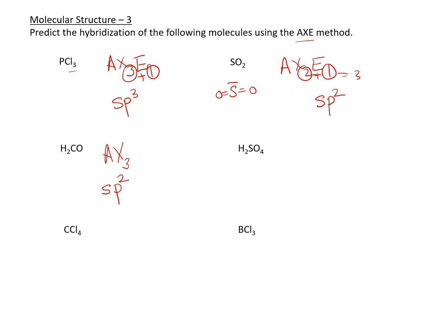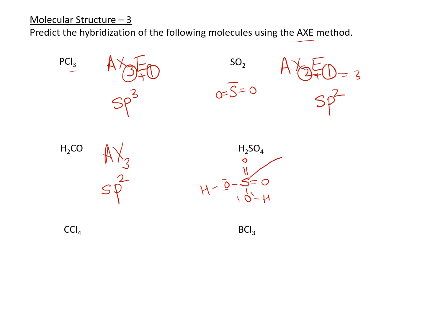H2SO4. H2SO4 is a little complicated. We've done the Lewis structure of H2SO4 before, and it is something like this. I will draw this one out because we do need to see the Lewis structure in order to see how many different kinds of central atoms we have in this one. Sulfur is one central atom, and then we have oxygen also as another central atom, which means we are going to have at least 2 AX formulas.